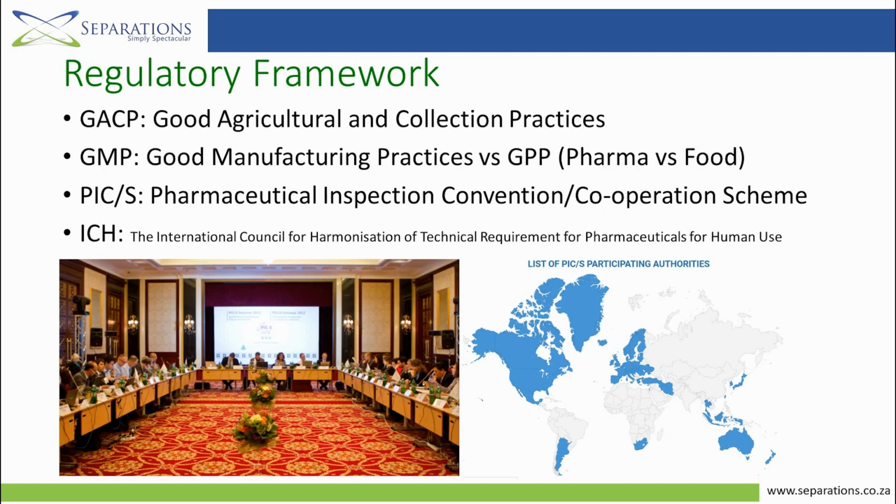On regulatory framework, I'd like to bring up a few things. Good agriculture and collection practices is generally the starting point around cultivation, and I have a colleague I'll bring in for discussion on this point. On GMP, there's been a big push, obviously, with all the conversion of the Canadian good production practices to GMP. GMP is thrown around a lot in discussions.